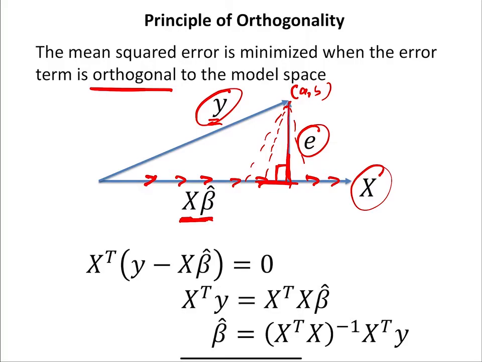With that in mind, we can write down the only matrix algebra we're going to do today. This is my error: it's the data minus my model. X transpose of this is equal to 0. This is how we say things are orthogonal in matrices.